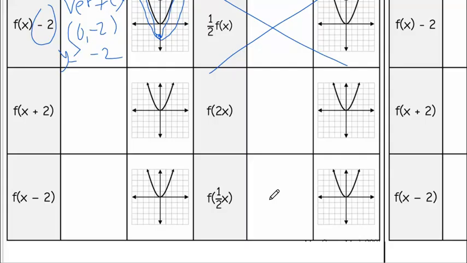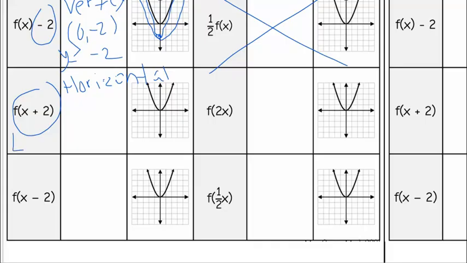Now, what if it looks like this with the parentheses, (x plus 2)? It's another transformation, but it's a horizontal transformation, where you're going to go 2 to the left.